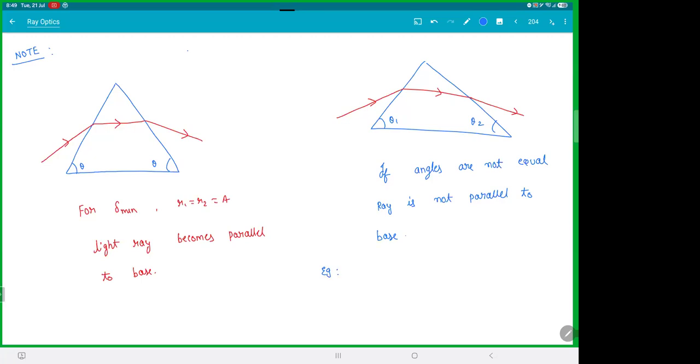For the minimum deviation, will the light ray be parallel to the base? What do you guys think?